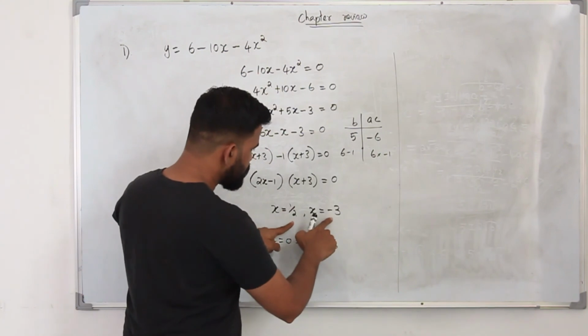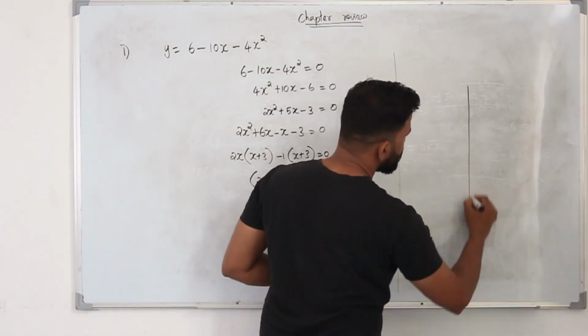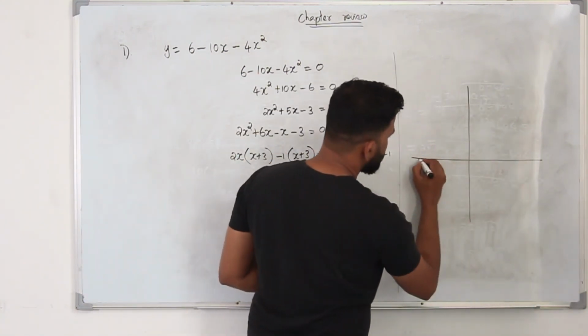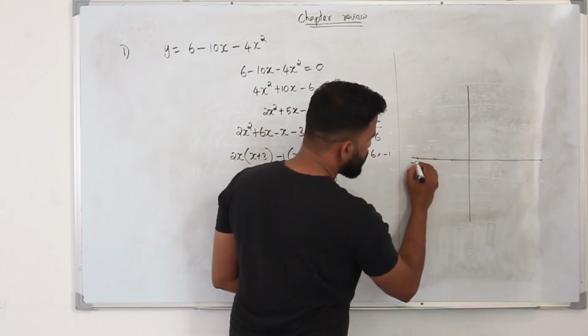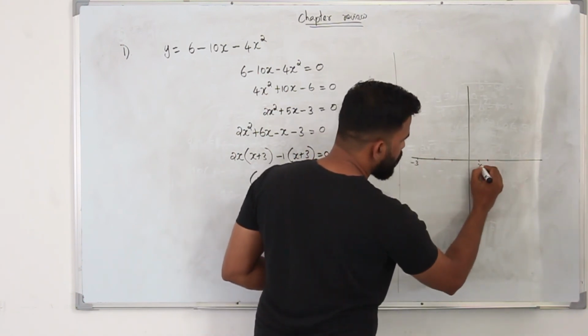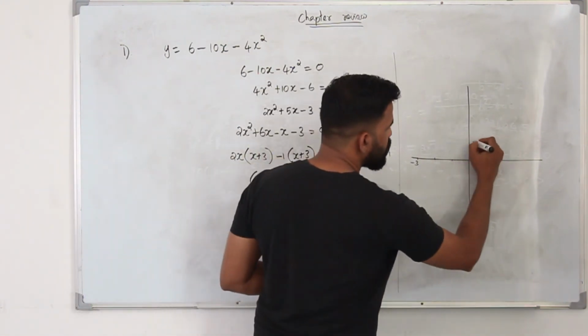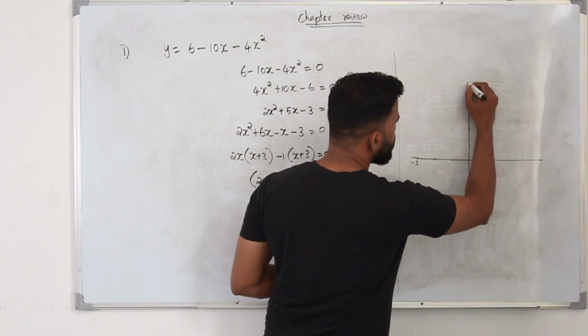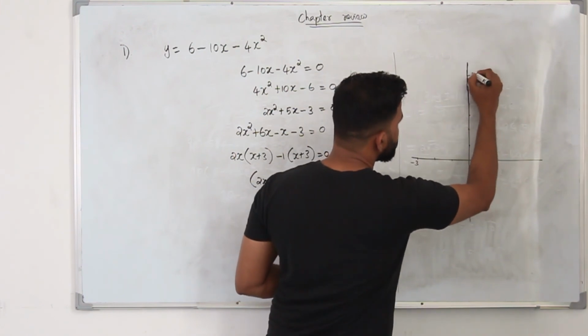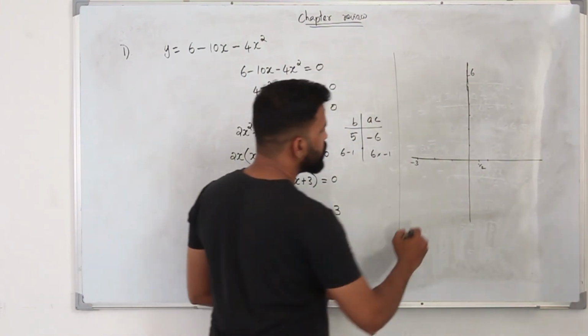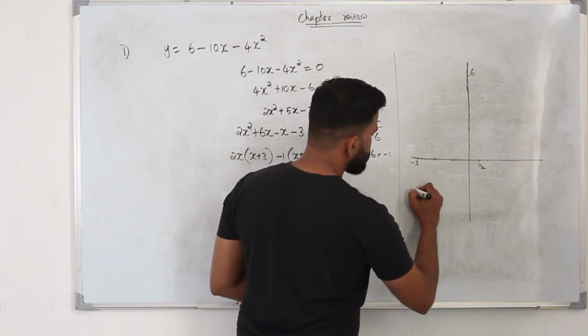Now the two solutions, minus 3 and half. So let's say your minus 3 is here, and half is here. And your y-intercept is 6, let's say 1, 2, 3, 4, 5, 6 somewhere here. And we know the graph is going to look like this.